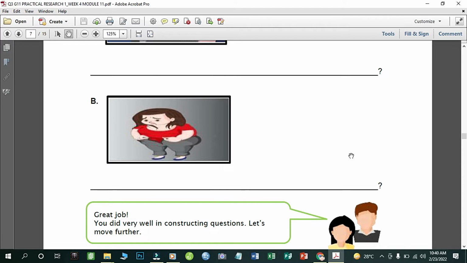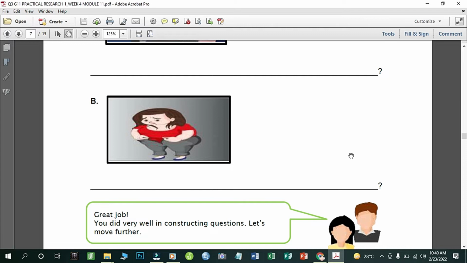So you can talk also about the experiences. What are the experiences of an obese person? And you can also ask what are the health effects of being overweight.